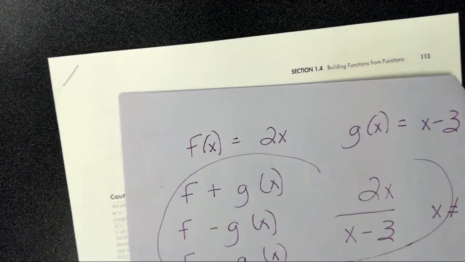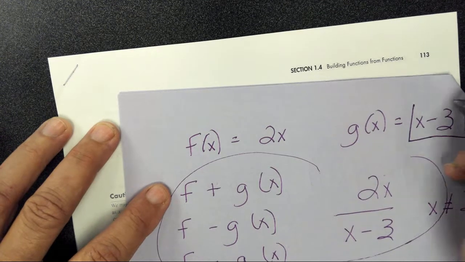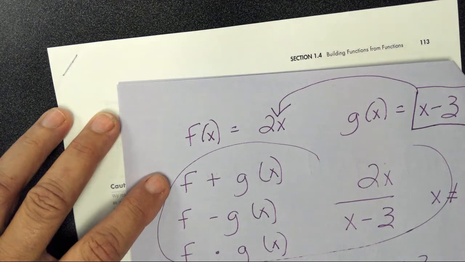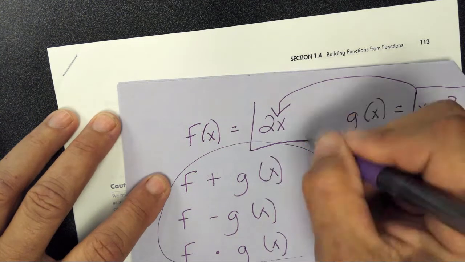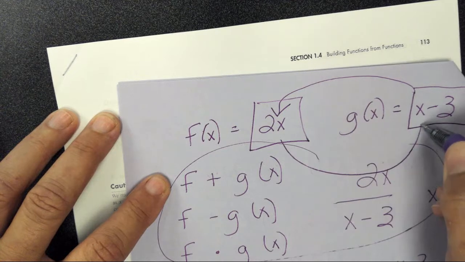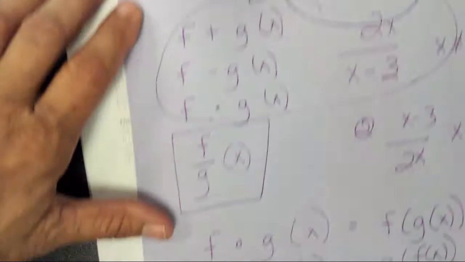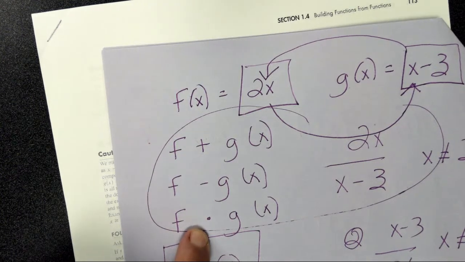So if I was going to do f of g of x, does that mean take this and replace x with x minus 3? F of g of x. And if I was going to do g of f of x, does that mean take this and put it in place of x? So 2x minus 3. All right? So open is composition, closed is multiplication.